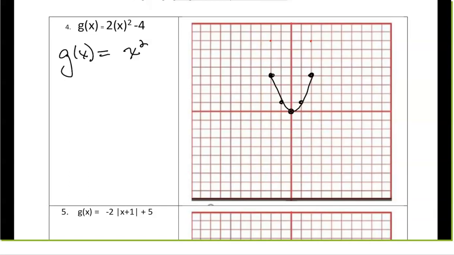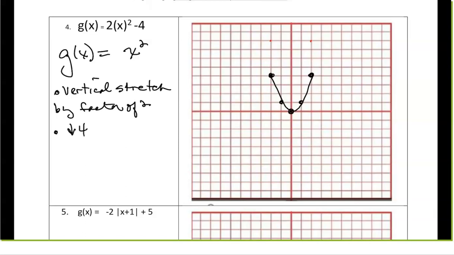Here's my parent function. Okay, so I'm going to list my changes. So I'm going to do a vertical stretch by a factor of 2. And then once I do that, I'm going to say down 4.